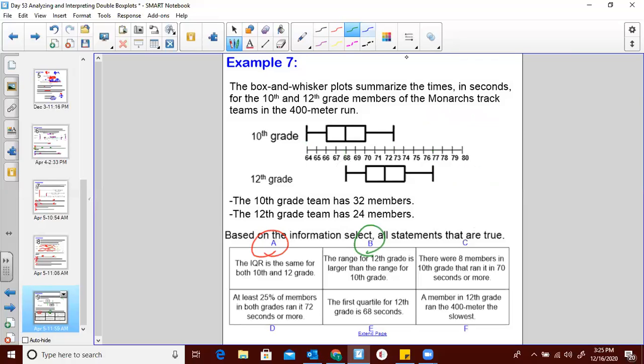Let's keep them going. There were 8 members in 10th grade that ran it in 70 seconds or more. Well, first what we need to do is look at 70 seconds or more, right? And then we need to figure out what each section is worth. Well, in 10th grade, we know that we have 32 members. So we'll take our 32, divide that by 4, and I believe we'll get 8.